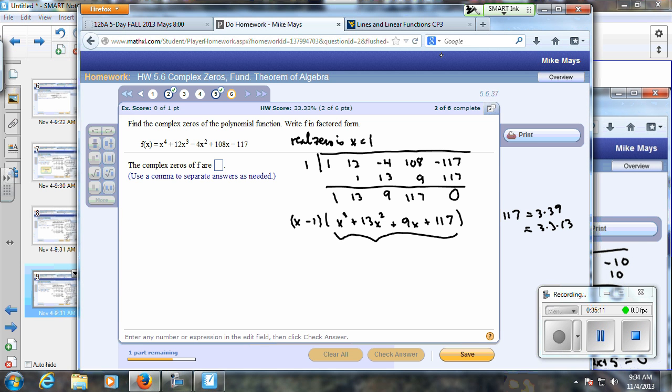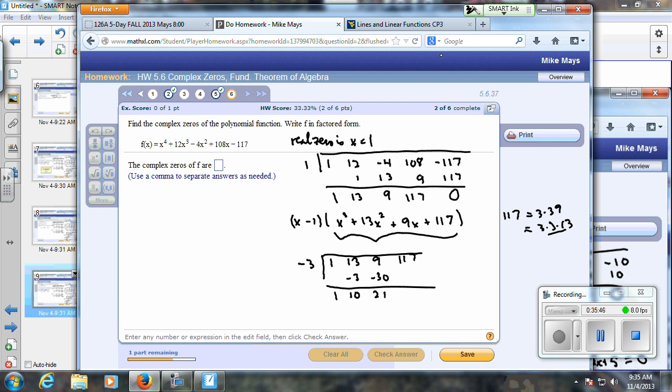Let's see if it's divisible by x plus 3. That's one of the possible factors. So I'll try 1, 13, 9, 117. Division goes 1 times minus 3 and add, times minus 3 and add.